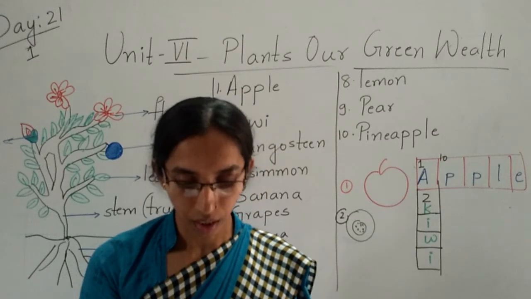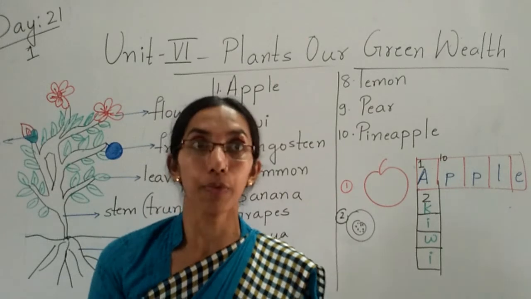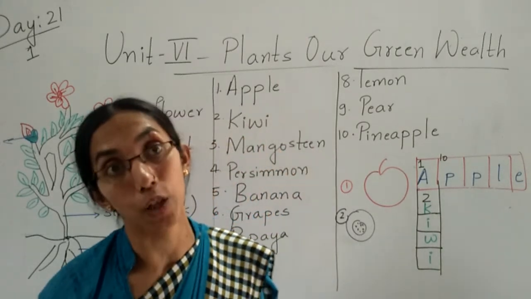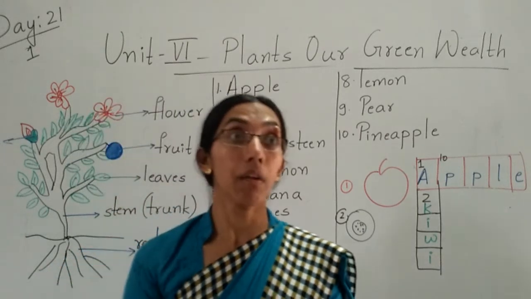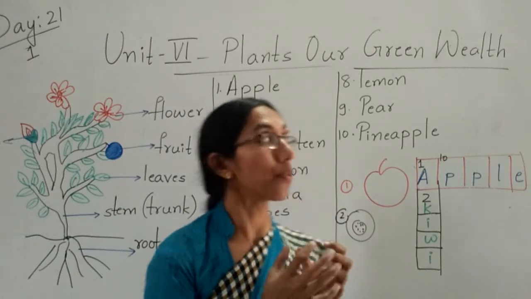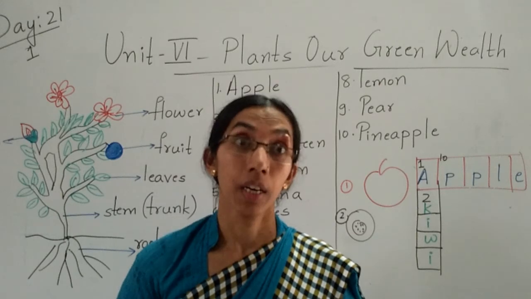So again, what do we get from the fruits, children? What do we get from the plants? We will get vegetables also. Yes, we will get vegetables also. Numbers of things we will get from the plants also. Yes or no? Yes.